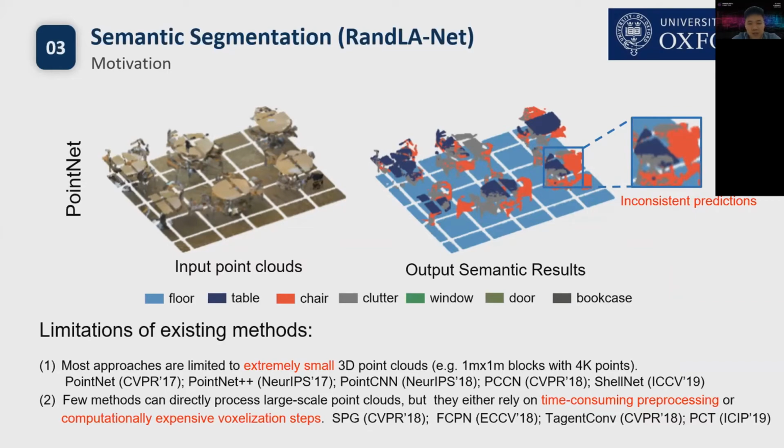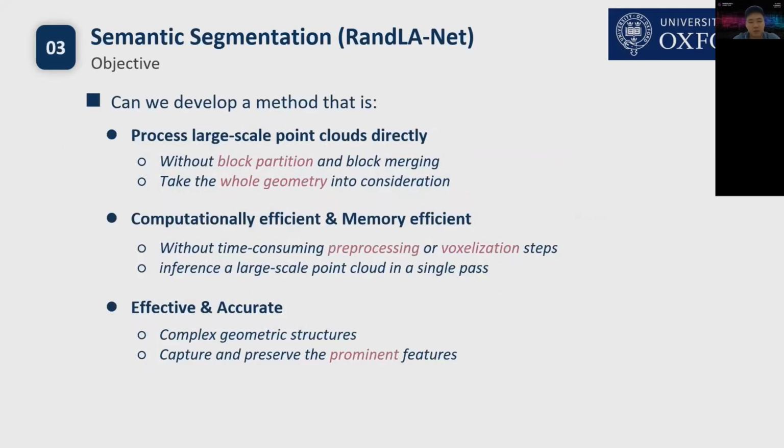As you can see from this figure, this desk has been divided into two parts, one is half chair and one is half table. Another problem is that most existing methods like SPG can process large-scale point clouds, but they either rely on time-consuming pre-processing or computationally expensive voxelization steps, so it's not practical.